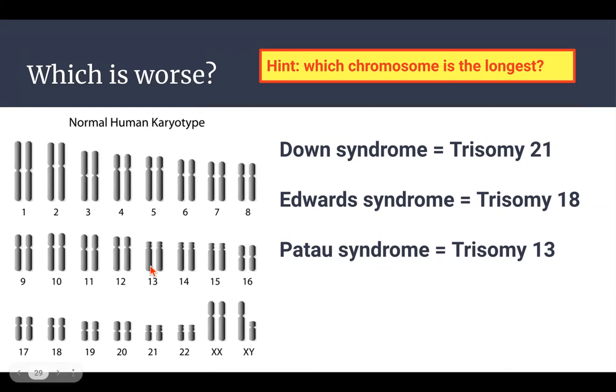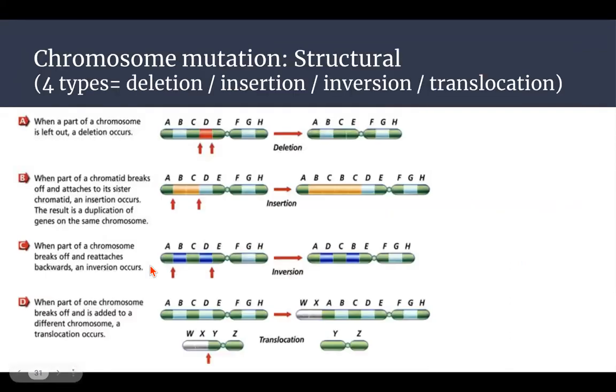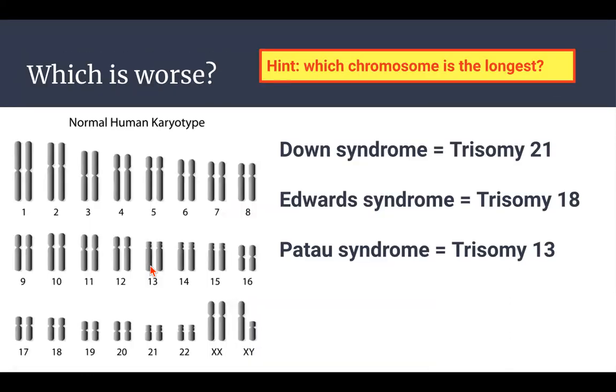Now the answer is, oops, let's go back. The answer is Patau syndrome is the worst one, trisomy 13, because if you look at how the human chromosomes are lined up, the longest pair is called chromosome 1. The shortest pair is called chromosome 22.